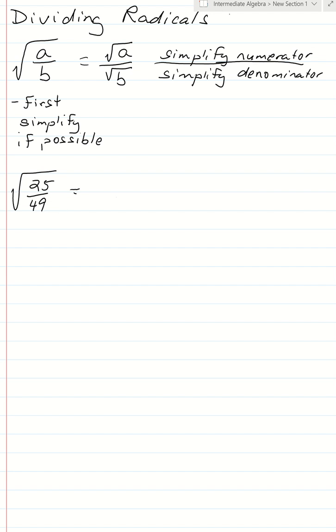So what we would do is now use this property, and we would distribute the square root on the numerator, as well as onto the denominator. And what we get here, when we now simplify the square root of 25, is 5, over the square root of 49, which is 7. And this would be your simplified answer. Okay.